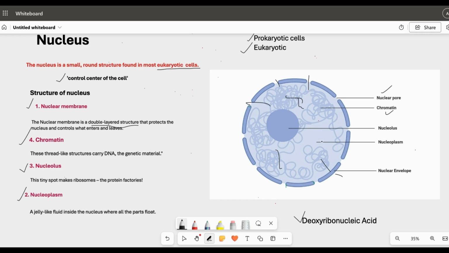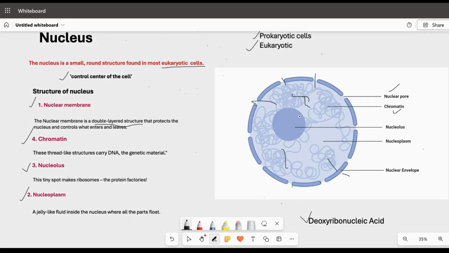Plus, it carries all the stuff needed for the nucleus to do its job, like enzymes and nutrients. So, in simple words, nucleoplasm is the fluid inside the nucleus that keeps everything safe and helps the nucleus work properly. So, this is the nucleoplasm.